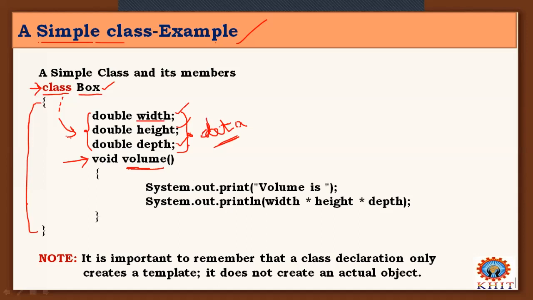Width of the box, height of the box, depth of the box. Multiplying these three values together gives the volume of the box. That's why we have defined volume as a method, a member of the class, which calculates the volume of the box based on the data given in the instance variables.